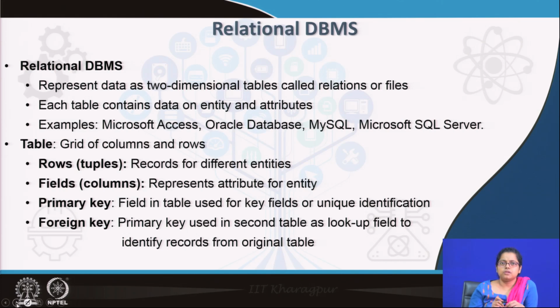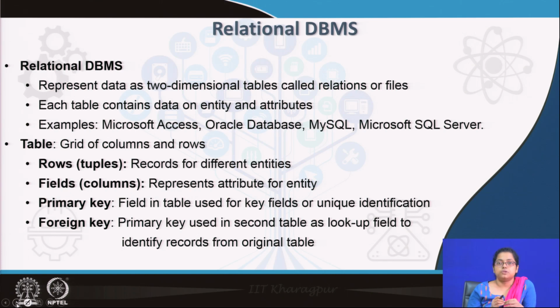Each table contains data on entities and attributes. Some very popular examples are Microsoft Access, which is extremely popular and used for desktop applications, Oracle database, MySQL, which is an open source DBMS, and Microsoft SQL Server.